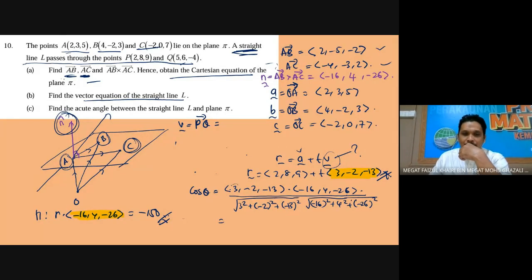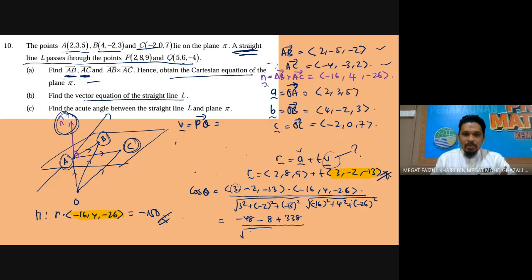Okay, so 3 times negative 16, negative 48. Negative 2 times 4, negative 8. Negative 13 times negative 26, a big number. Can you please find it for me? 13 times 26, positive 338.